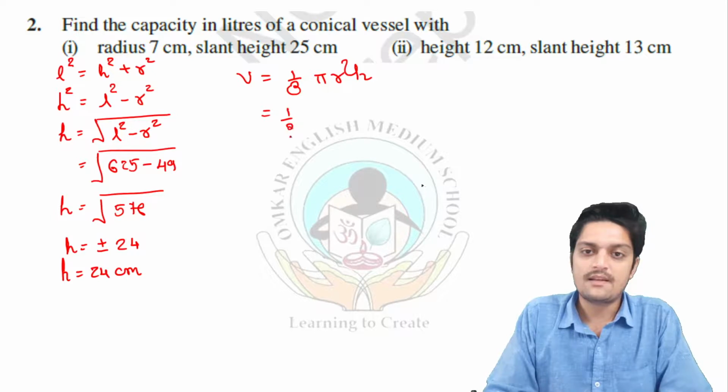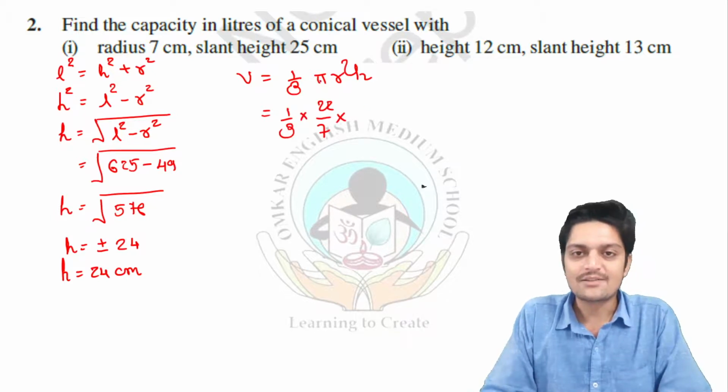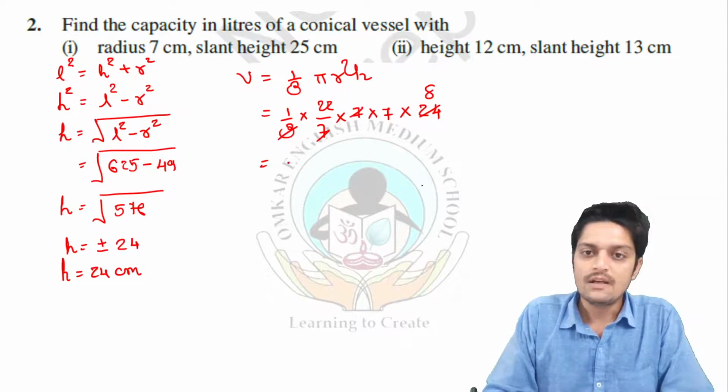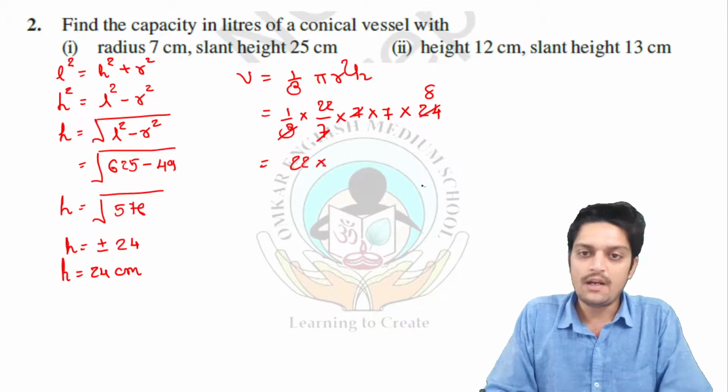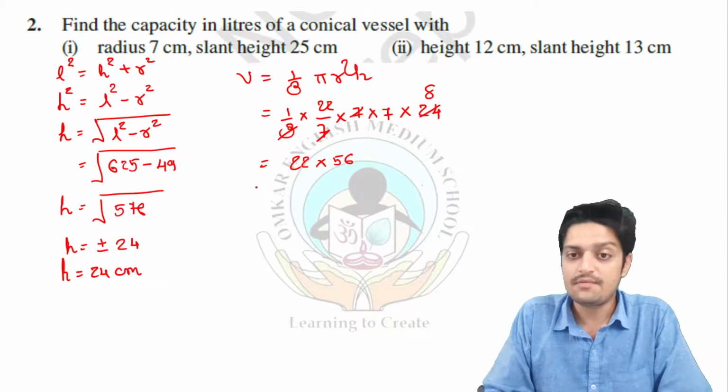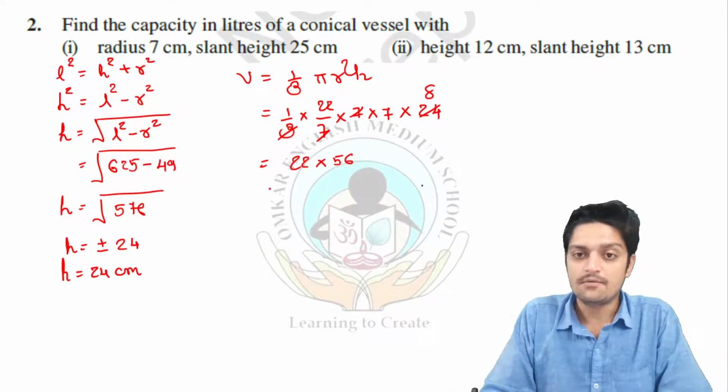So 1 by 3 as it is, pi is 22 by 7, into r square, radius square is 7 into 7, into h, which is 24. Now 7 7 cut, and 3 8s are 24, so 22 into 56. 7 8s are 56. So this is the volume.